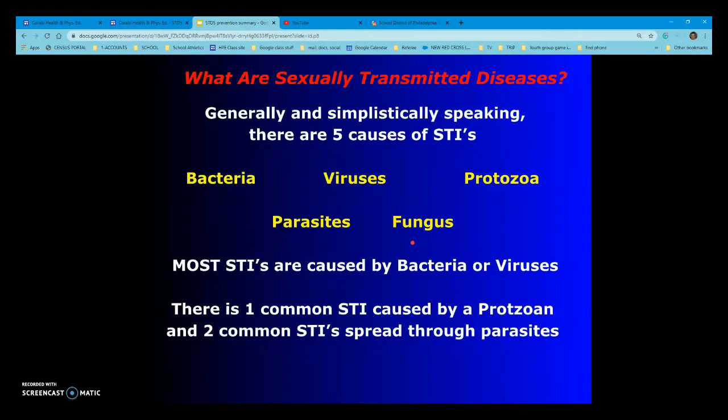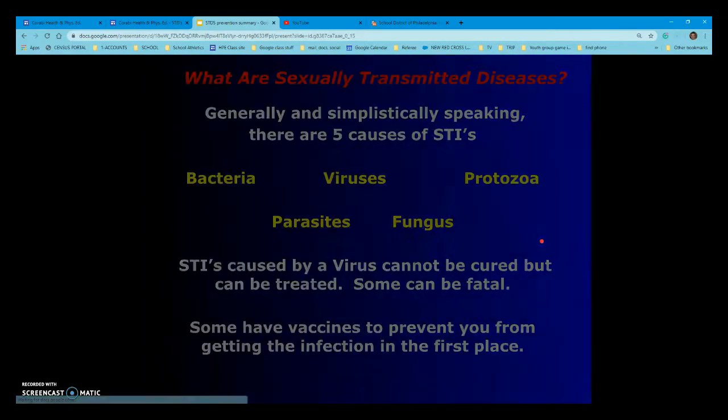They are easily cured by medicated creams, but again, they're not super common in this day and age. There are 2 caused by parasites, 1 caused by a protozoa, and 2 extremely common ones spread through bacteria. There are 3 main ones from bacteria, and then there are 4 very common virus-caused sexually transmitted diseases.